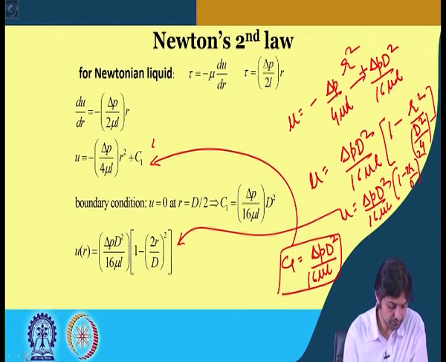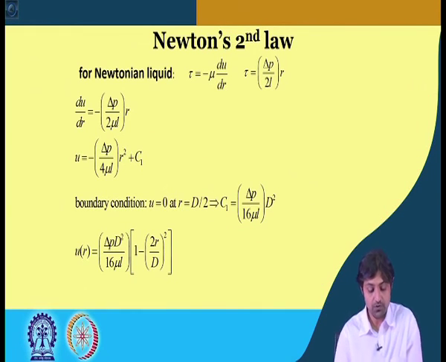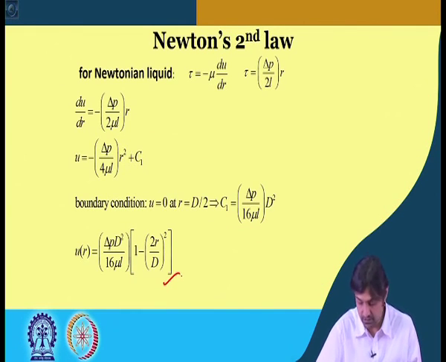All right. So this is what we get. So we have got u as a function of radial distance r.